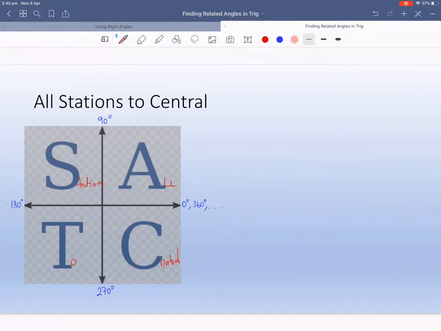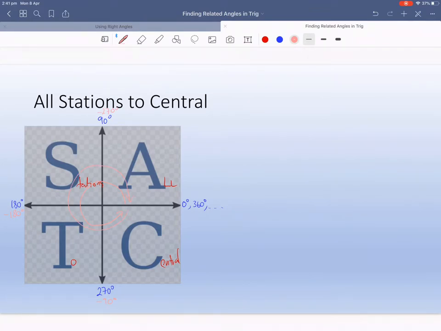In the same vein, we can go negative, so I can go negative 90 degrees, minus 180 degrees, and this will be minus 270 degrees. So it just depends which way we go around the circle, whether we go that way or that way.